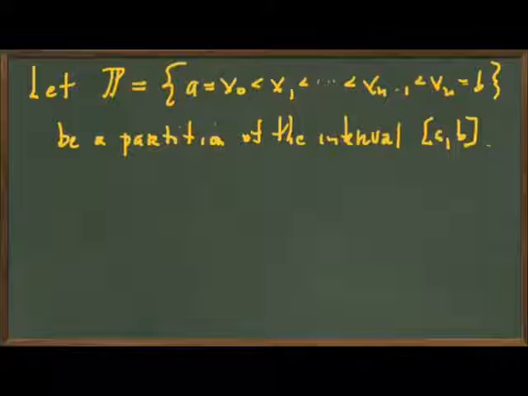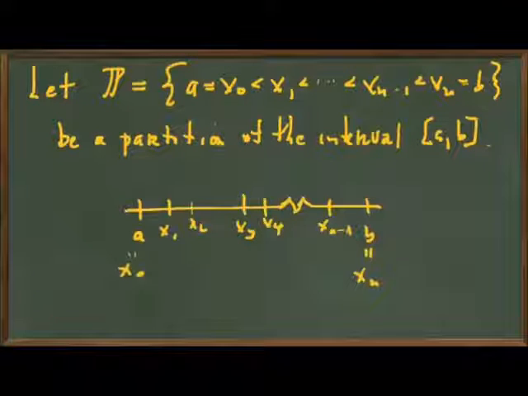So on the interval AB, on the number line, it would look like this. The subscripted values move from left to right. So here's our x0, x1, x2, x3.